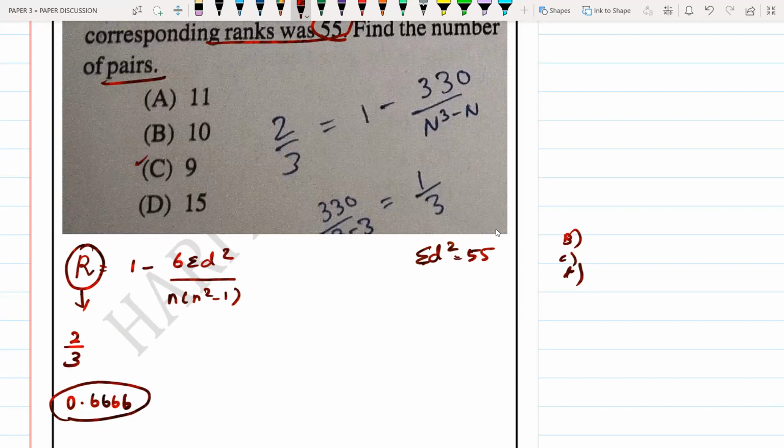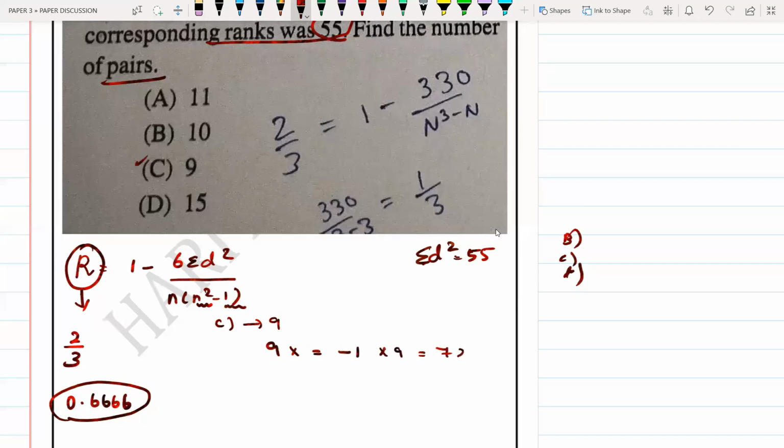Try to check it in a single step in the calculator. We'll go with option C, that is 9. Why am I taking 9? Because it is the smallest value, for trial and error purposes. Once I take 9: 9 into 9 equal to, then subtract 1, then multiply by 9.